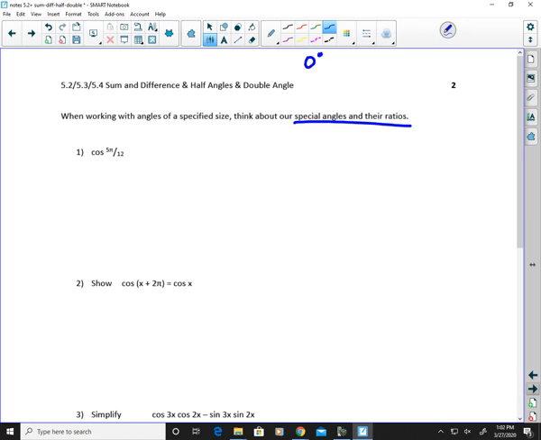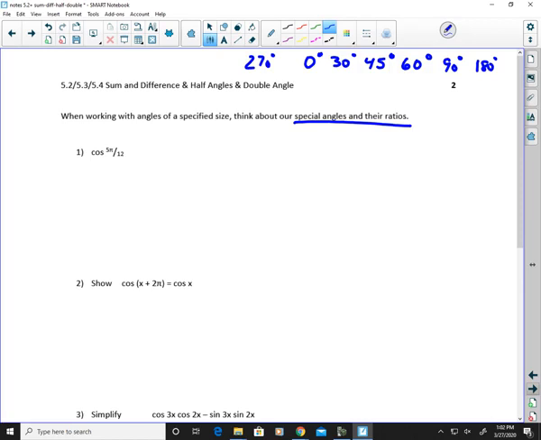I'm going to write them in degrees first, and then beneath it I'll write them in radians. So 0, 30, 45, 60, and 90. And then, of course, we do have 180 and 270. I guess I ran out of room there. 270 right on the other side.